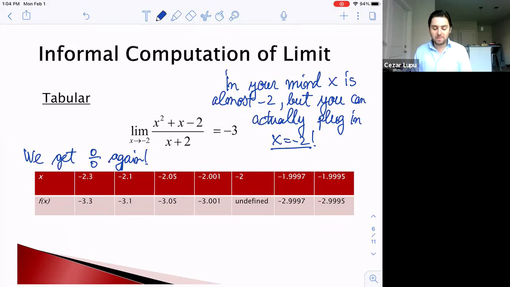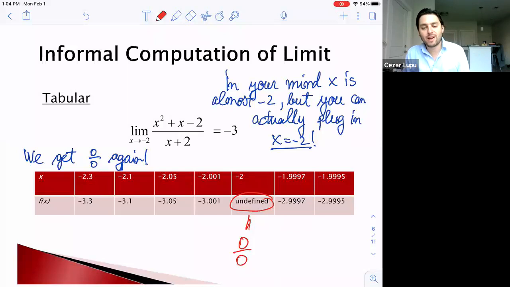And also when I plug in x equals -2, as we have seen, this is undefined, right? So it's actually 0 over 0. That's what it is. Anyway, let me write it like this. Parentheses, 0 over 0. But now let's plug in some numbers on the right side of -2. For example, if we plug in -1.9997, you'll get -2.9997. You see, again, very close to -3.